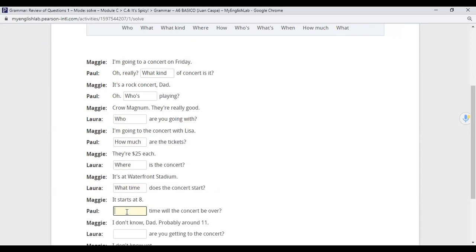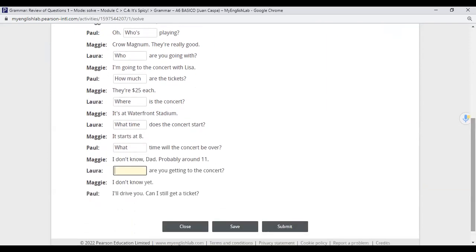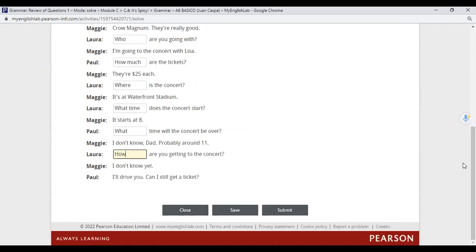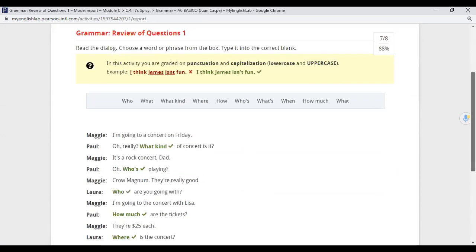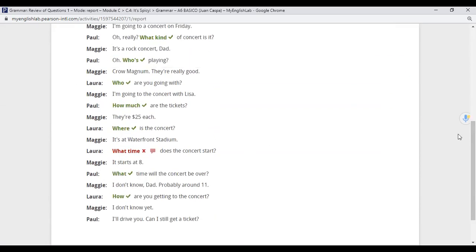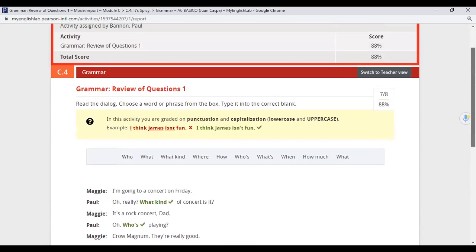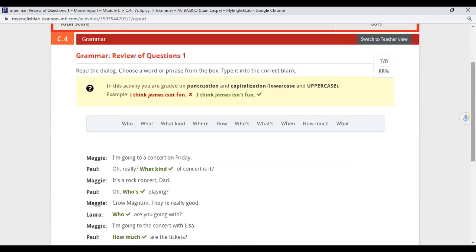What time will the concert? How or no? Okay, I think probably it is when, right? Instead of what time.